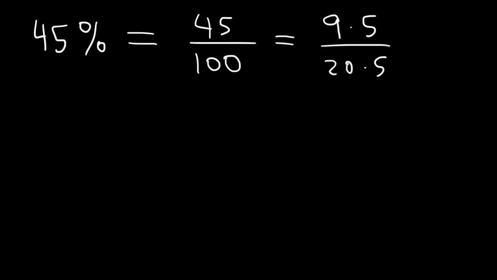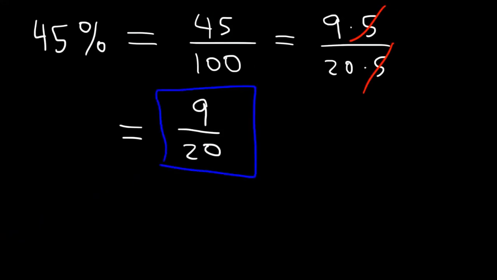You could find the numbers 9 and 20 by dividing 45 by 5 and 100 by 5. But we can cancel a 5, and that's as far as we can go. So 45% is equivalent to 9 over 20 as a reduced fraction. And this is the answer for that example.